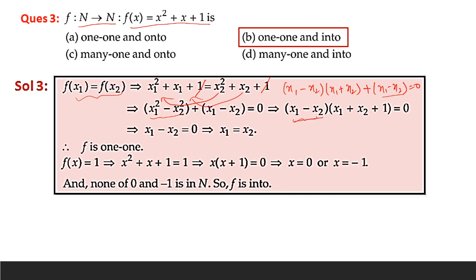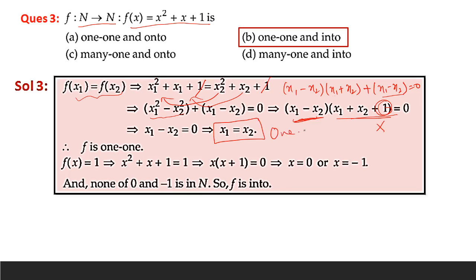Now when the product of these two factors is 0, definitely any one of the factors is 0. So either x1 minus x2 is 0 or the second factor is 0. But this factor cannot be 0 in any case because we have plus 1. So it means x1 minus x2 is equal to 0, which says that x1 is equal to x2.